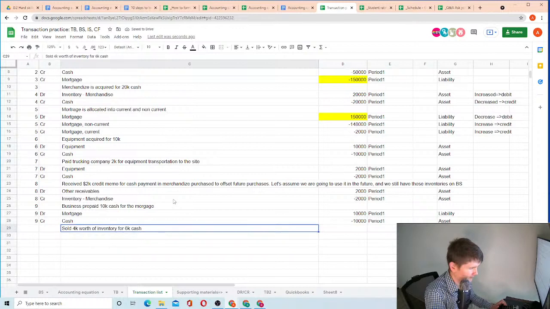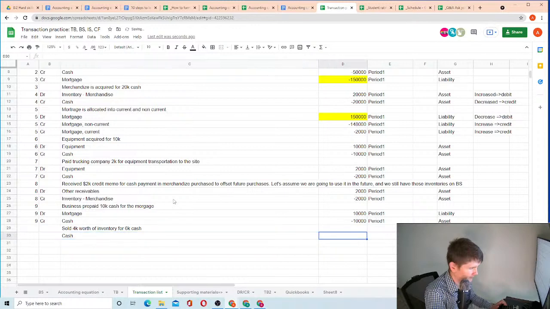So obviously we got some cash from that transaction. What should be the debit? When cash is involved in the transaction, I always recommend to start with cash. If cash movement is involved, you always start with cash, and it will be the easiest way to manage that. So we say cash. Cash increased by 6,000.